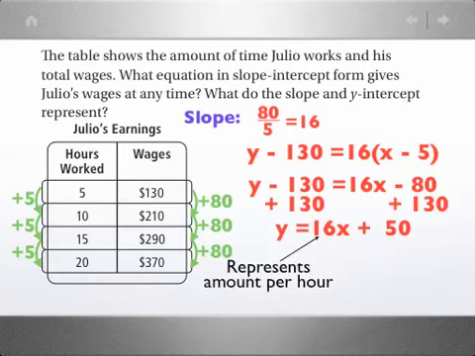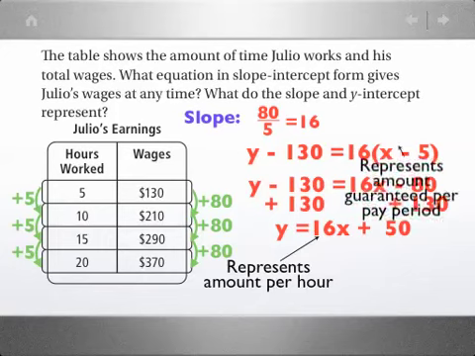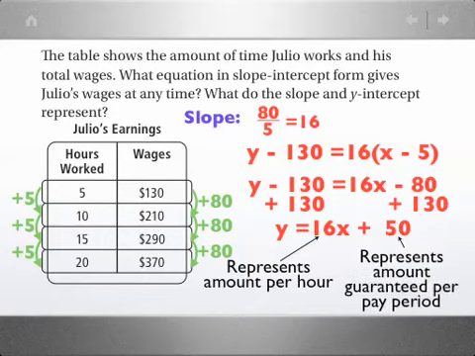So 16 represents the amount earned per hour. And this 50 is going to be representing the amount that is guaranteed per his pay period. So each time that he gets a paycheck, he's guaranteed $50 in addition to $16 per hour that he has worked.